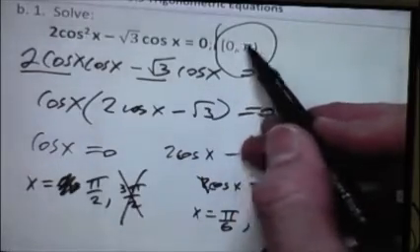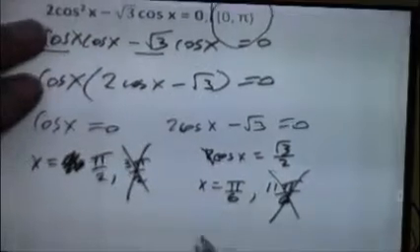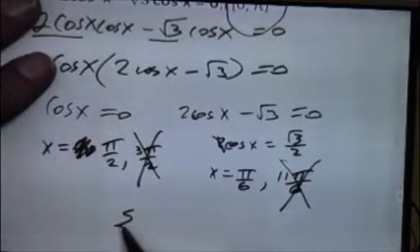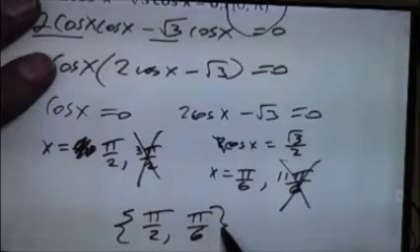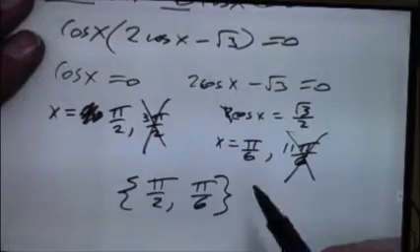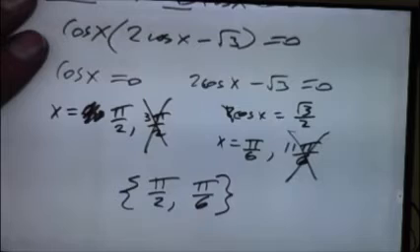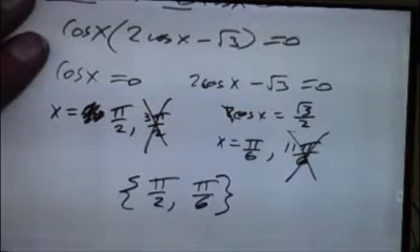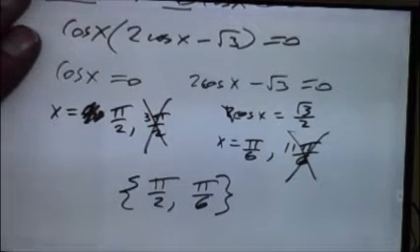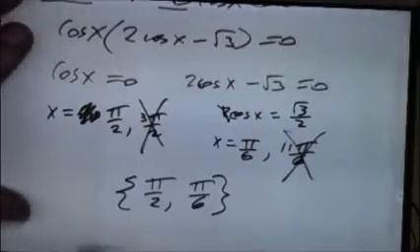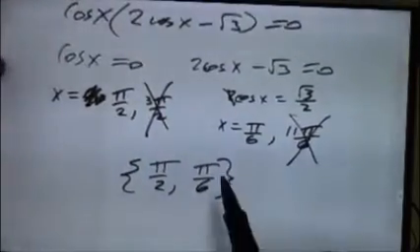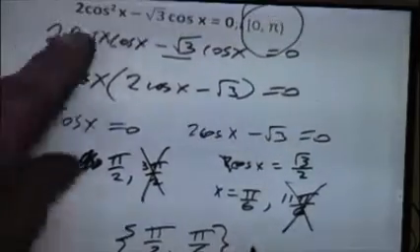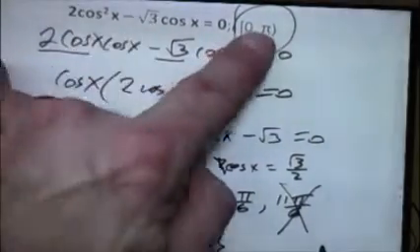But that means that these 2 are acceptable answers: pi over 2 and pi over 6. If I'd thought about it before I started writing, I'd put the pi over 6 first because it's numerically smaller, but it doesn't really matter officially, so you can get away with it. Now, that satisfies the answer of what angles will make this a true statement within that domain.